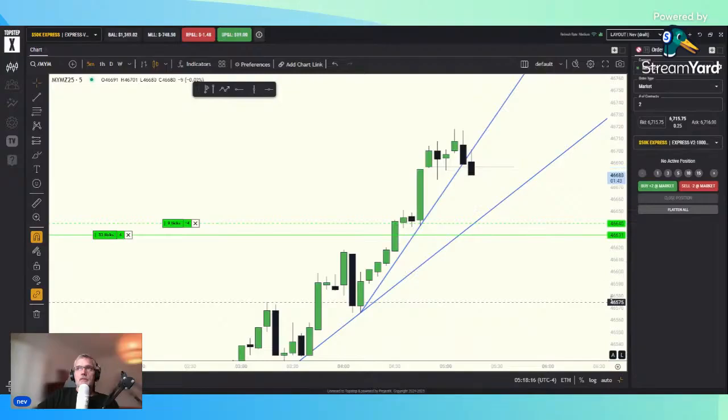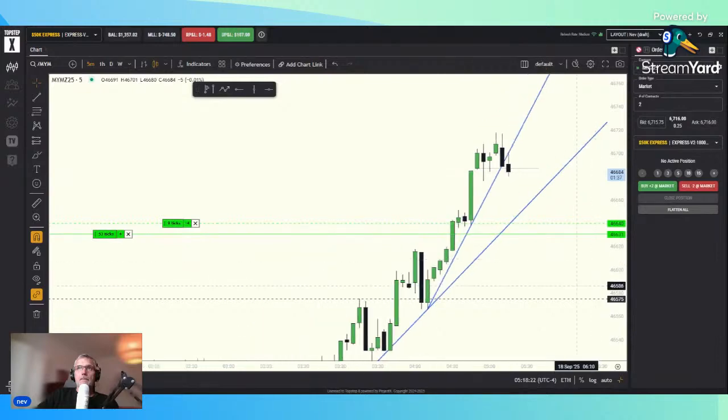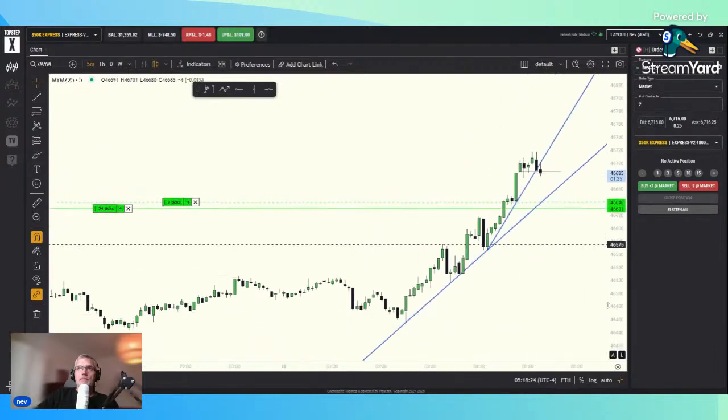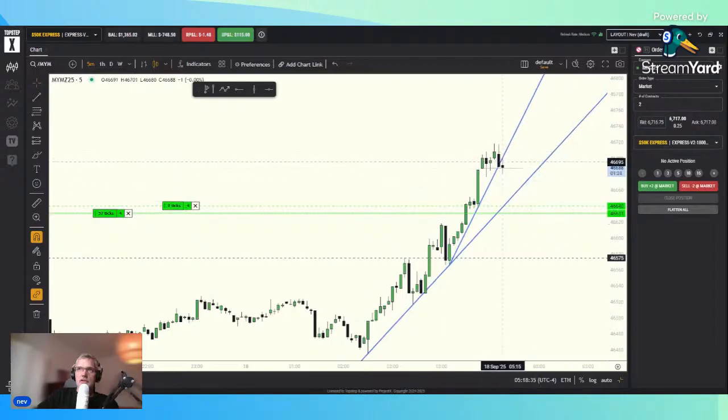So I've got a minute 40. I put these lines on just to show that, once it starts accelerating higher, you need some sort of caution. You need it to go sideways, really, so you can reduce the angle of this line.